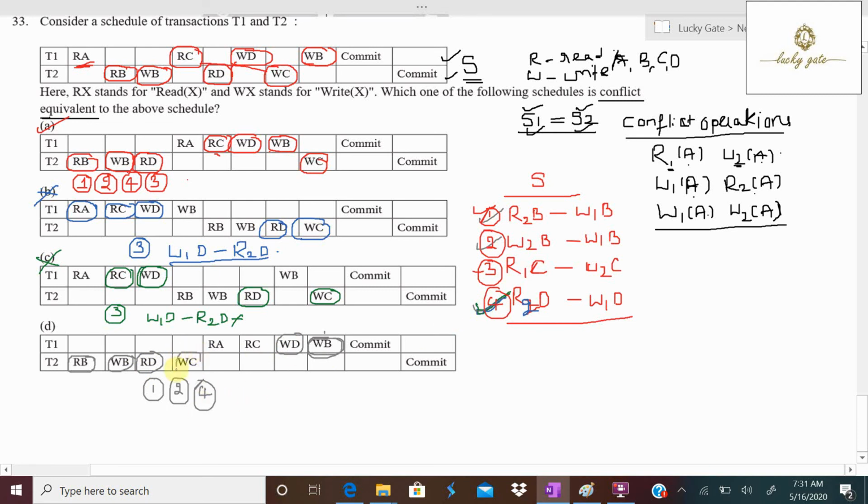Write C has a conflict with read C, that is write 2C, so it is a conflict from 2 to 1. But in the given schedule the same conflict is in the order from 1 to 2, because it is read 1C, write 2C. Here it is mentioned write 2C, read 1C. This conflict is not satisfied, so option D is also an incorrect option. So the correct answer for this question will be option A.